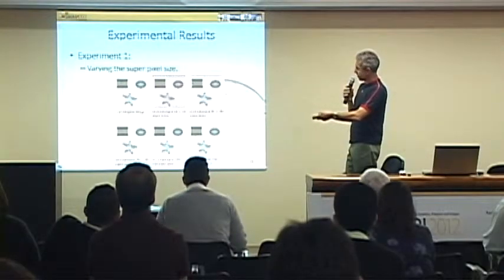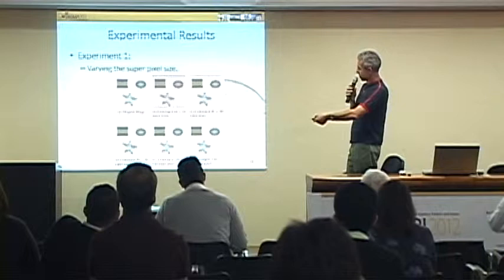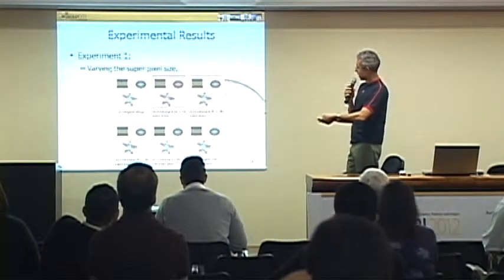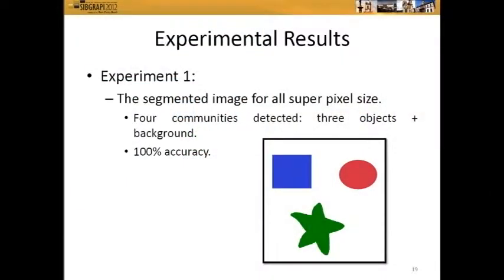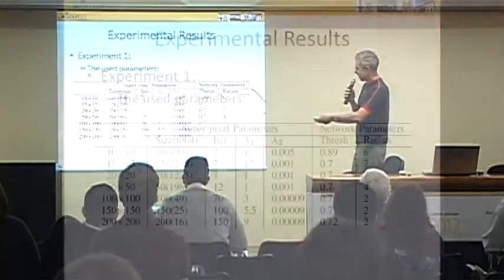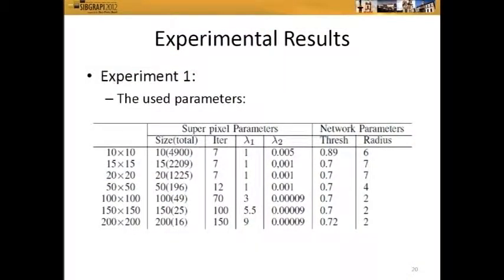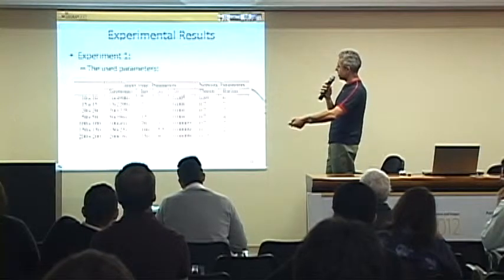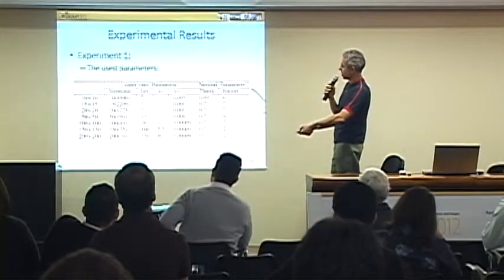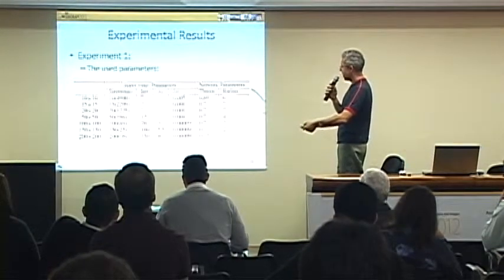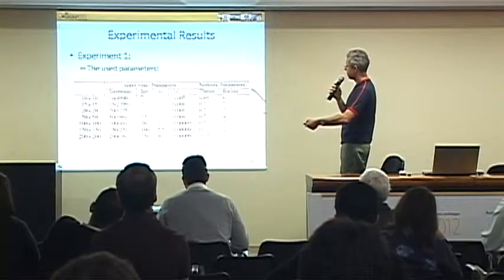But by varying the superpixel size, how would the computation time come out? That's obviously the result of the segmentation as it should be. But then we started analyzing how things change with these parameters: 10 by 10, 15 by 15, up to 200 by 200. So what would be the behavior of the computation times given those parameters?